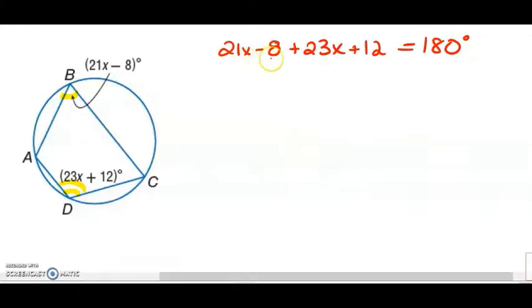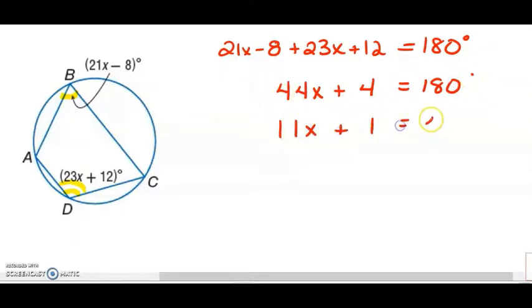So 21x combined with 23x gives me 44x. 12 minus 8 is 4, and that's equal to 180. If I divide everything right now by 4, and then subtract the 1, I get x equals 4.